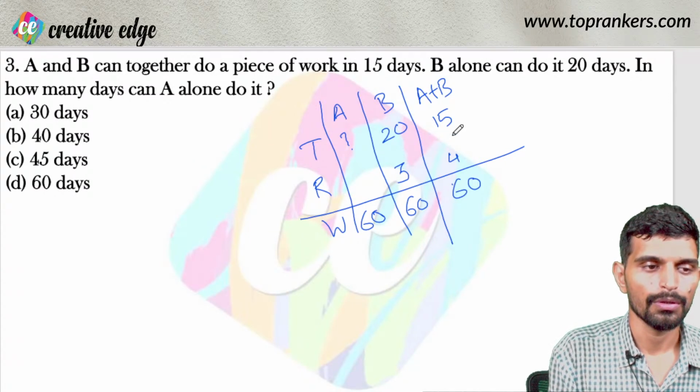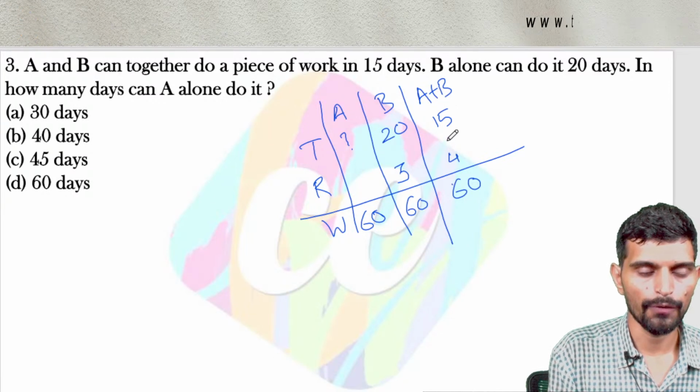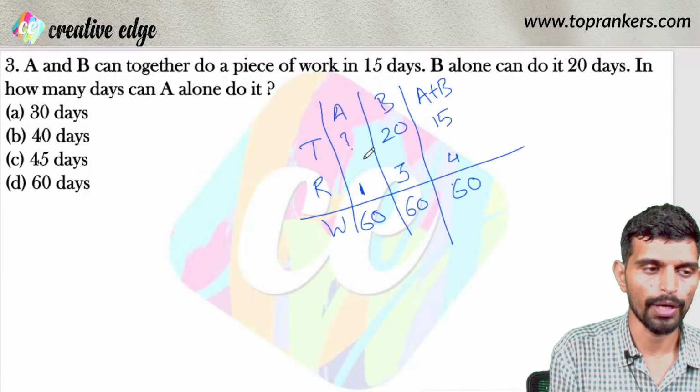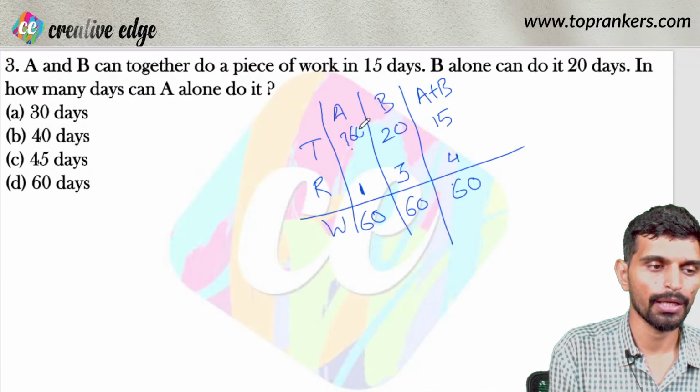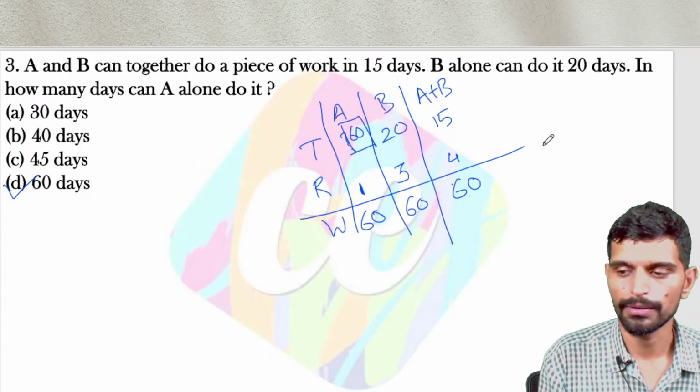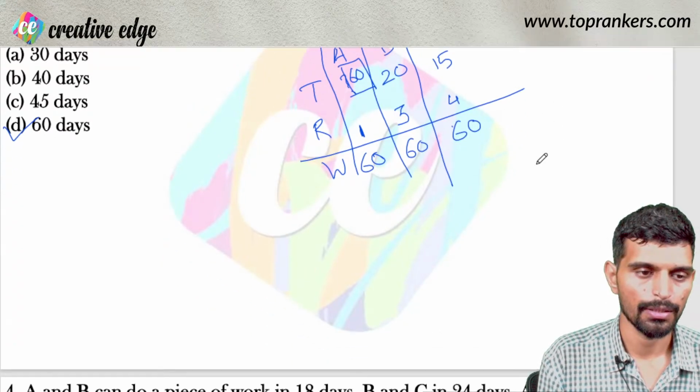So total rate of A and B together minus rate of B will give us rate of A, that is 4 minus 3, which gives us 1. So time taken by A will be work upon rate, that is 60 days. So the answer to this question should be option D, 60 days.